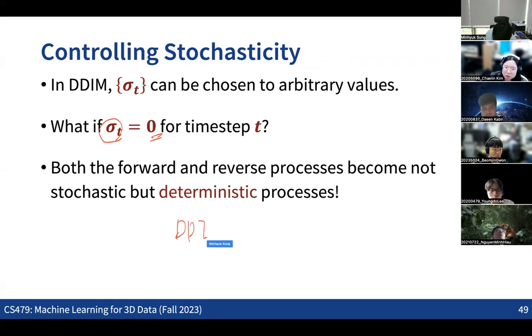Then you're going to see why we need to care about having a deterministic process when we want to boost up the generation process. We're going to see the link between the deterministic process and how it can affect the speed of generation. Then we're also going to see more techniques that can improve the diffusion processes.